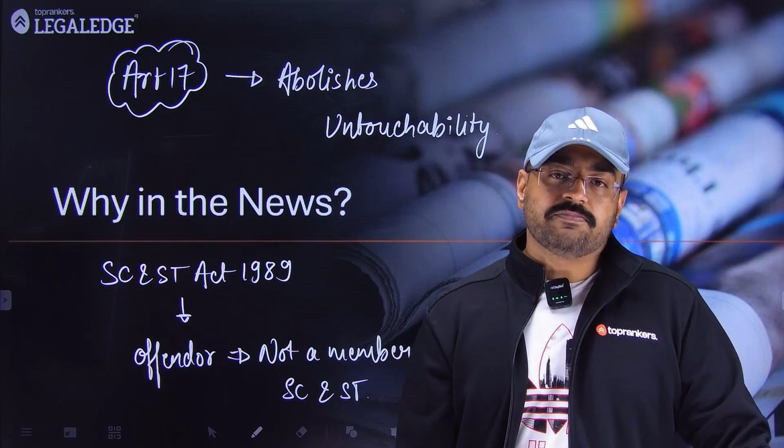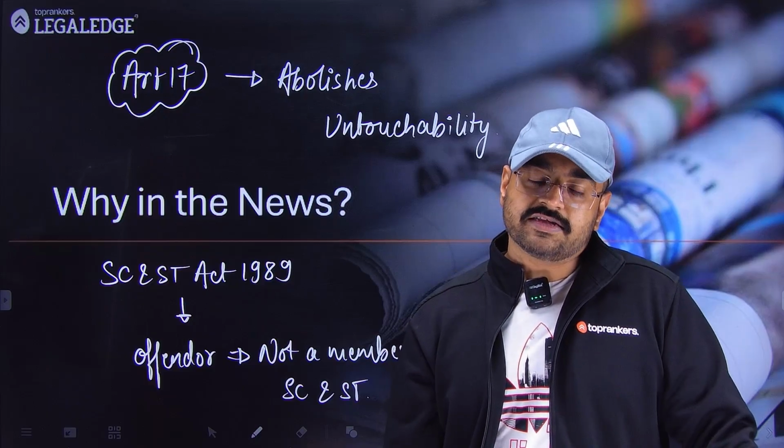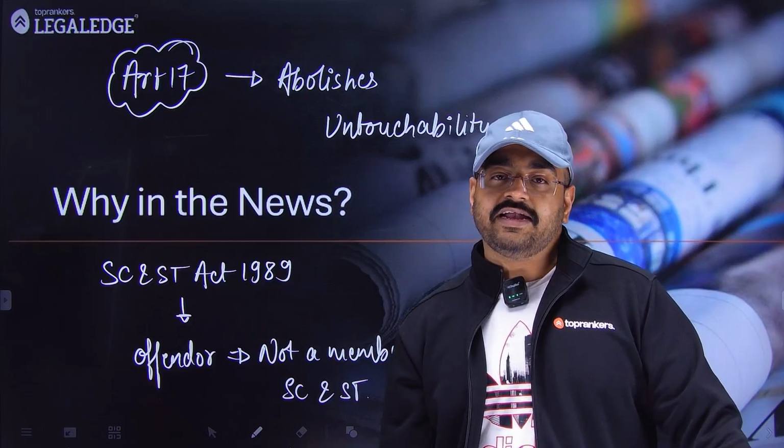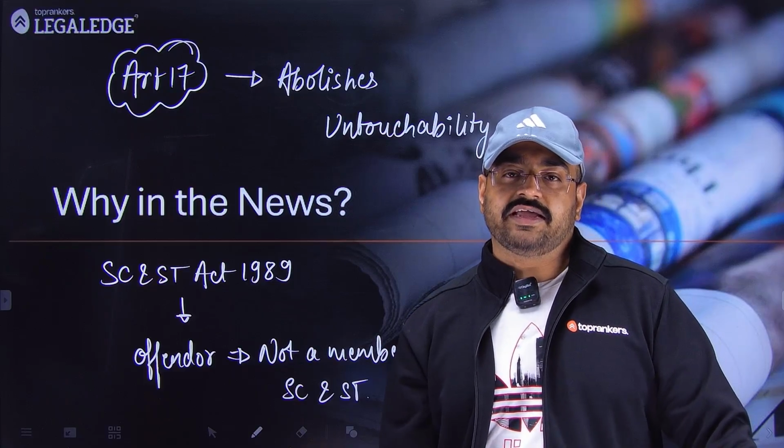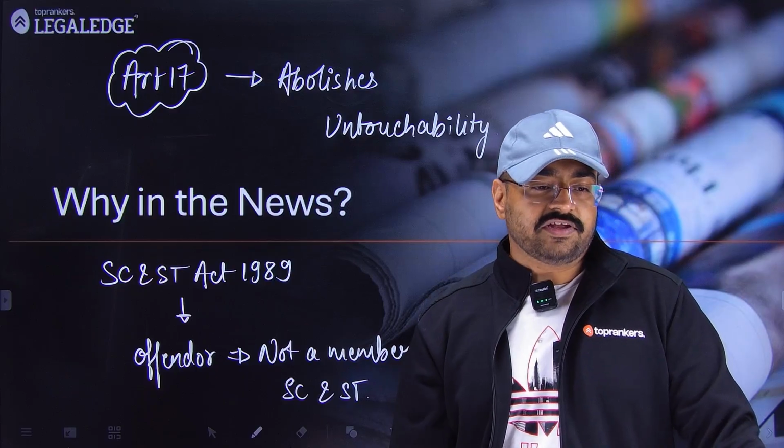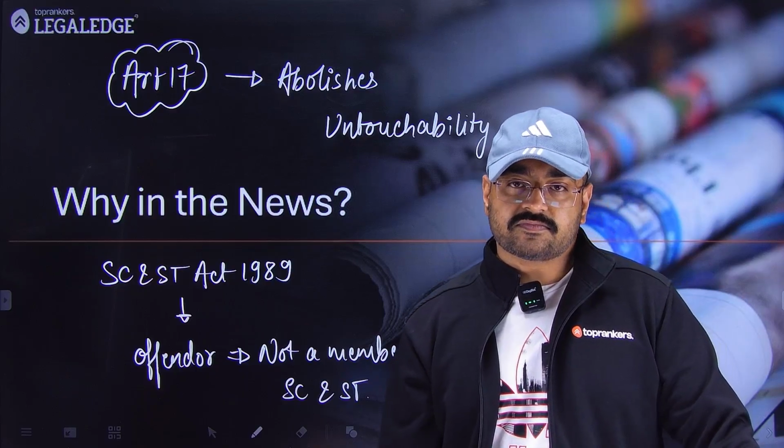And जब ऐसा कोई person who is not a member of the scheduled caste and scheduled tribe commits any kind of atrocities against a member of the scheduled caste or scheduled tribe, that is something which is punished under the SC/ST Act. ठीक?